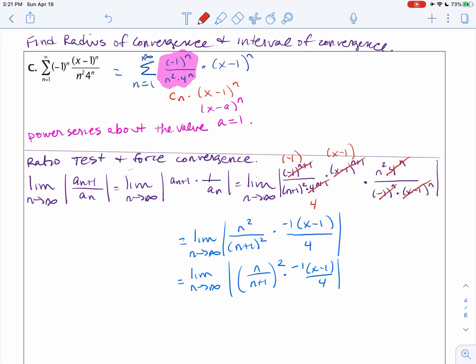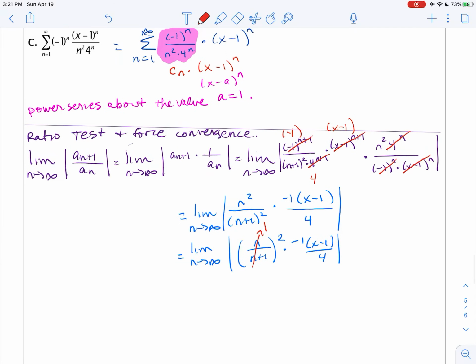The limit of a composition is the composition of those limits, provided that the outside function is a continuous function. And here the outside function is x squared, and that is continuous. So if I go inside and take the limit as n goes to infinity of n over n plus 1, I know that that is going to go to 1. You can either do L'Hopital's rule or factor out the highest power of n to get that response.